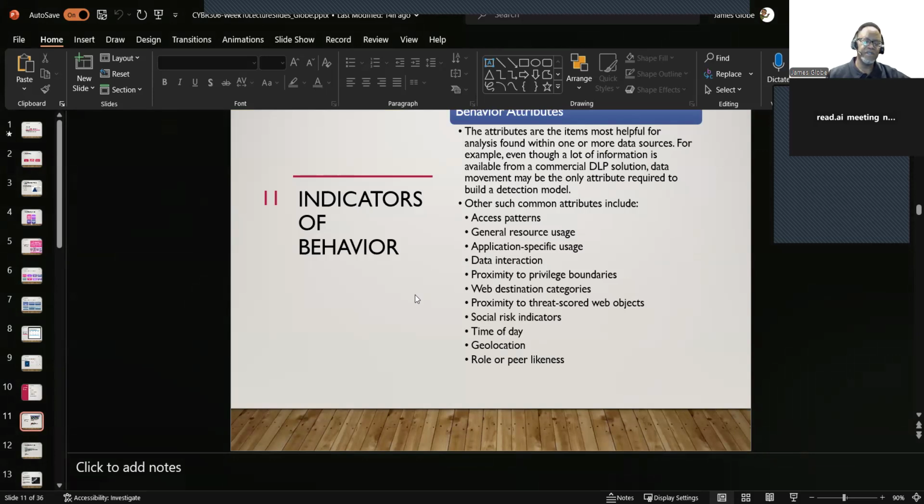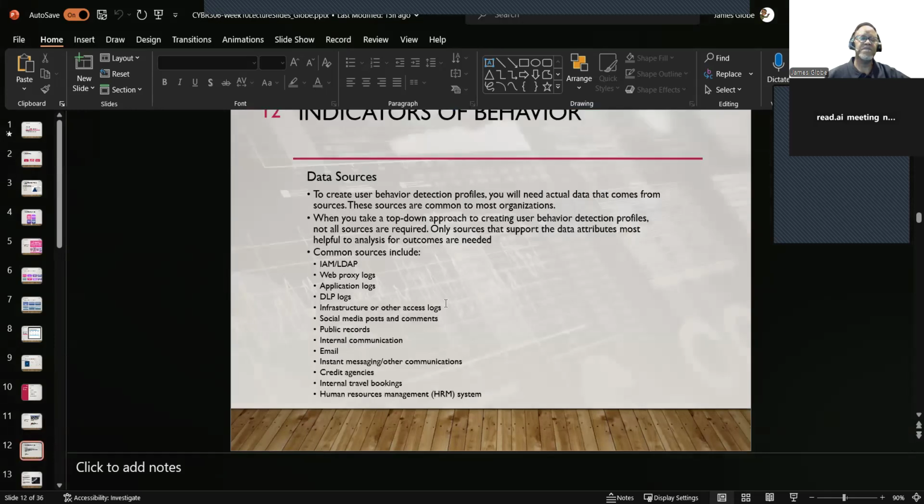So if you're using the internal messaging of a company, that's being monitored and mined for potential anomalous or misuse activity. You monitor the data sources that not only accounts access, but users access. So if an account has been compromised, this is where you can detect recon type activity or data exfiltration activity. So public records, internal communications, emails again, log files, etc.